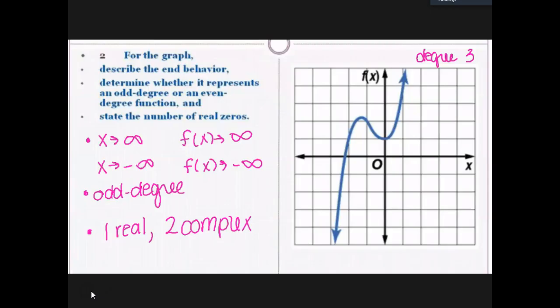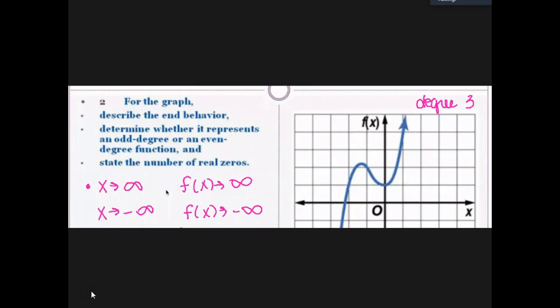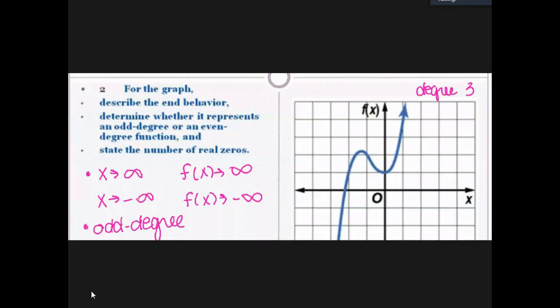The end behavior. So again, as x goes to infinity, where are my y values going? They're going up. So f of x goes to infinity. As x is going to negative infinity, my y values are going down to negative infinity. This would be an odd degree, and we actually can know the degree. It's degree 3.